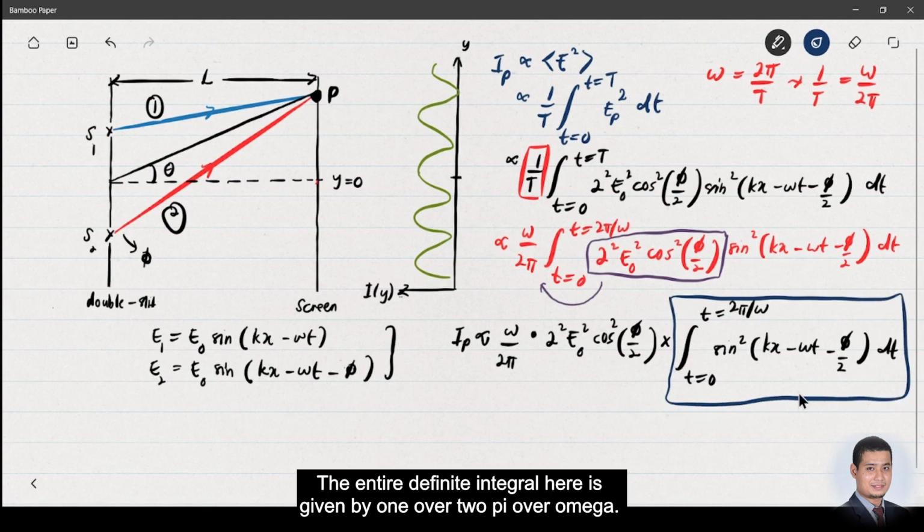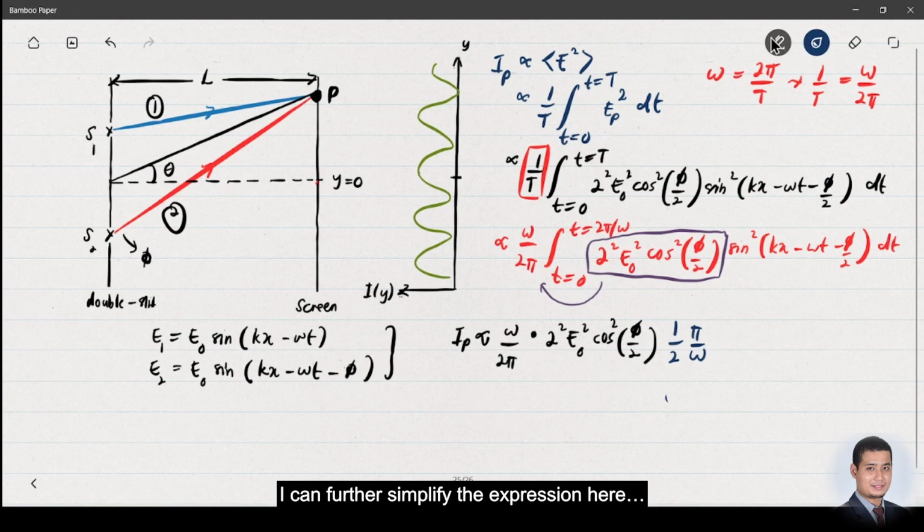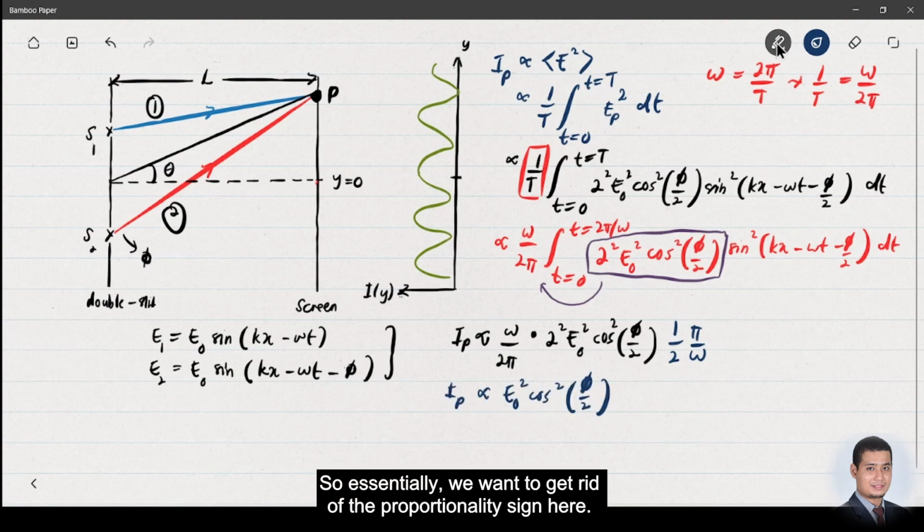The entire definite integral here is given by 1 over 2 pi over omega. I can further simplify the expression here.